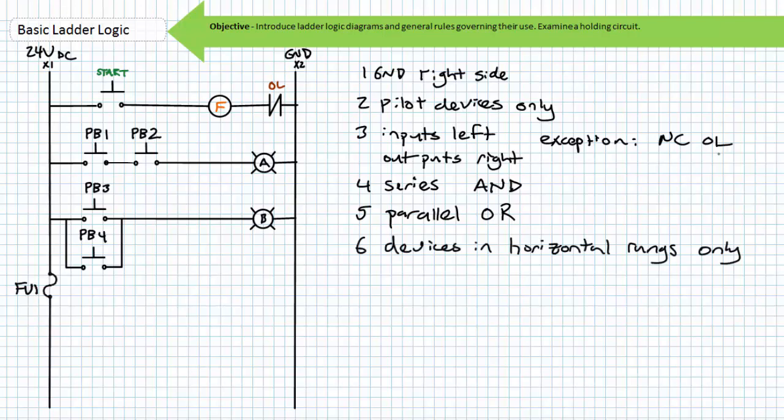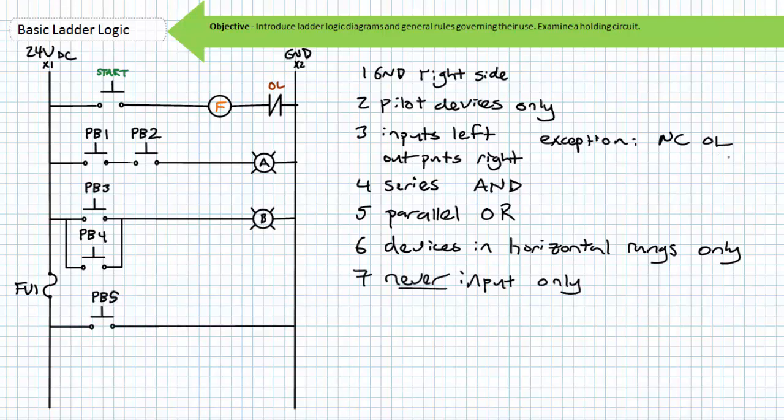Input and output devices are ordinarily only featured in the horizontal rungs. The vertical uprights are power connections only. The one exception to this rule I've occasionally observed is the placement of fuses and main shutoffs in the vertical uprights. The fuses aren't really elements in the ladder logic, but rather serve to protect the pilot circuit from short circuit events.